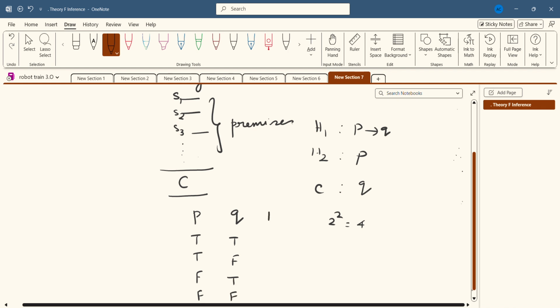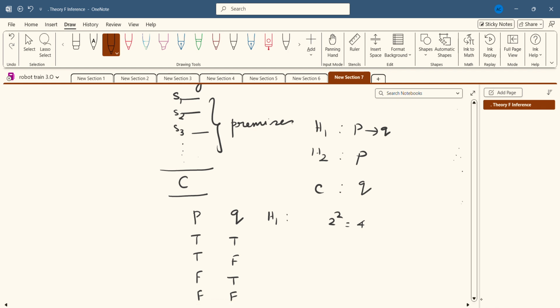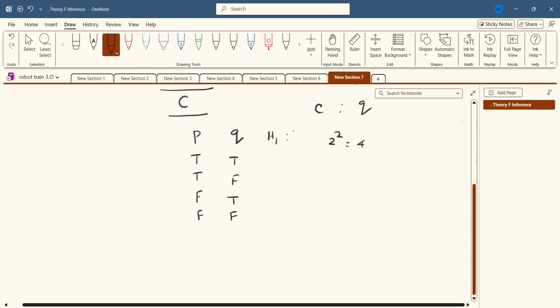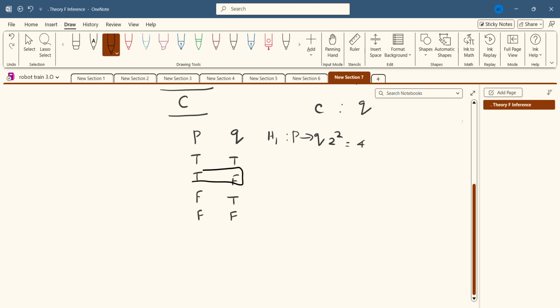So what about your H1? Here H1 is P conditional Q. Already you know how we construct a truth table for P conditional Q. If the truth value of P is true and the truth value of Q is false, then the truth value of P conditional Q is false, otherwise true.